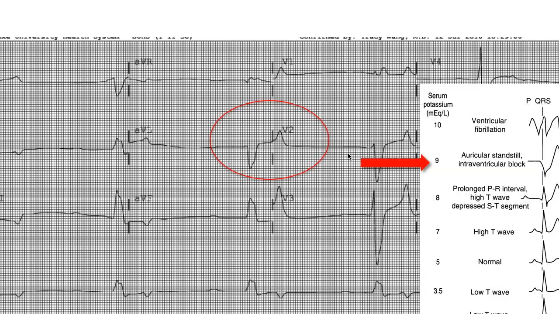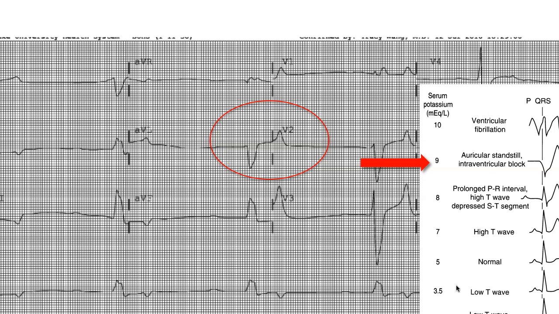All right. And if we look at the spectrum of EKG changes with respect to the serum potassium, this makes a lot of sense. So hers is around 9 milliequivalents per liter. And what we would expect to see on an EKG would be essentially heart block and intraventricular block with a very wide QRS. So something's wrong with conduction at the myocytes, okay?